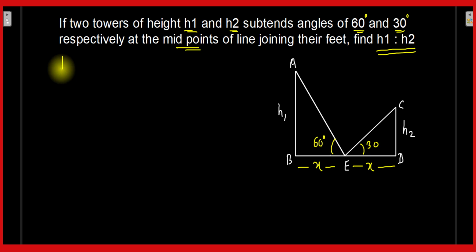So in triangle ABE, tan 60, that is equal to tan theta, meaning opposite upon adjacent, so that will be h1 upon x.